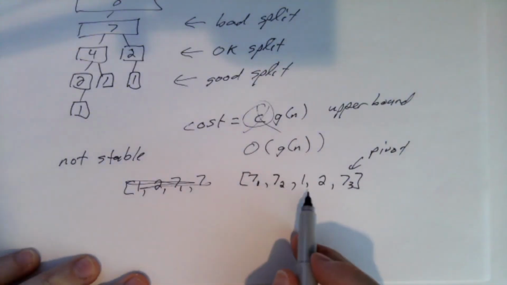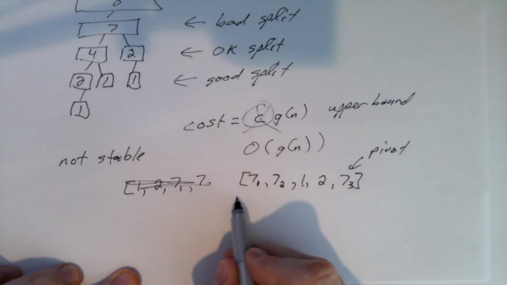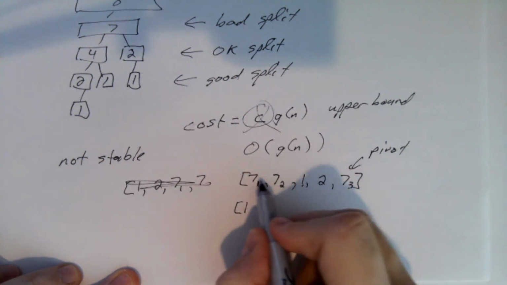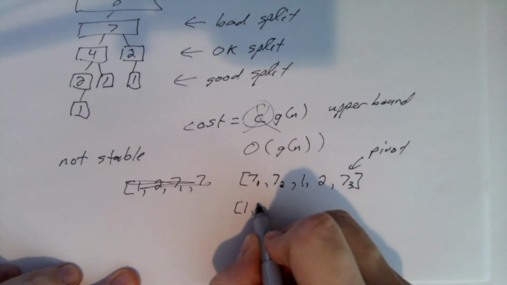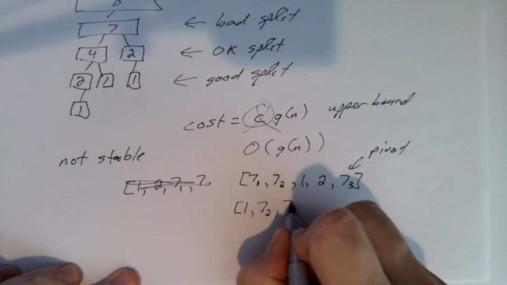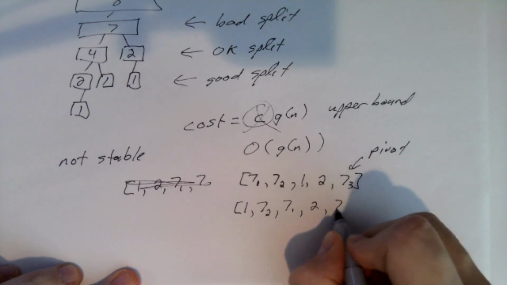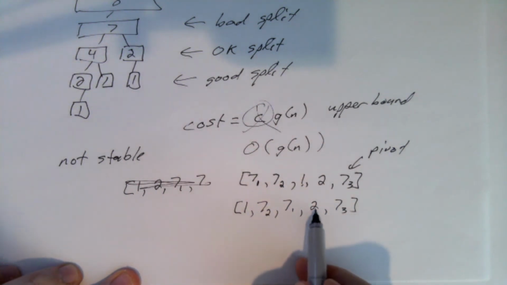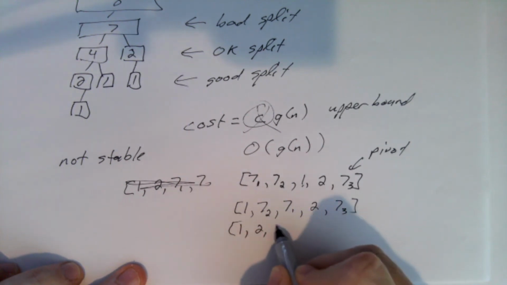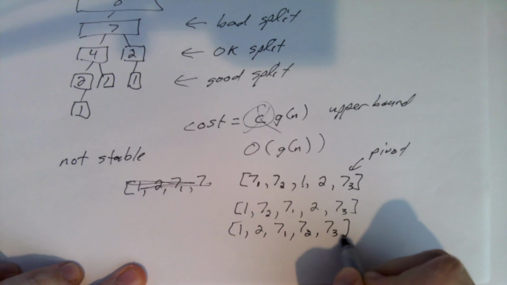So we're comparing these. Well, eventually what will happen is we see the 1, and the 1 needs to go to the beginning. So what happens then? The 1 goes here by swapping with 7 sub 1. So we would have 7 sub 2. The second 7 is what that means. 7 sub 1, 2, 7 sub 3. Then eventually the 2 needs to go over here. So we would have 1, 2, 7 sub 1, 7 sub 2, 7 sub 3.